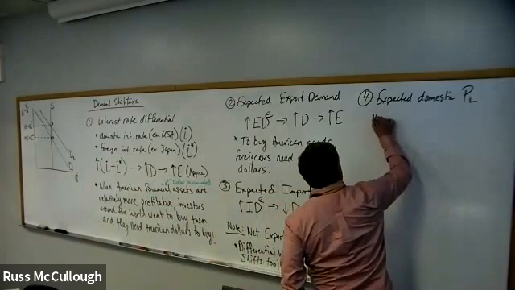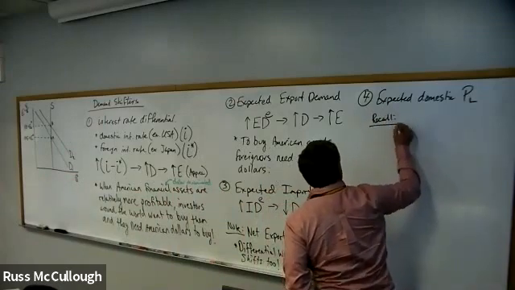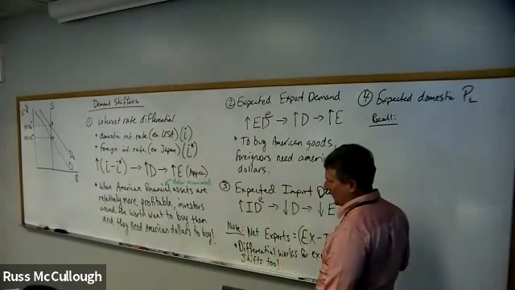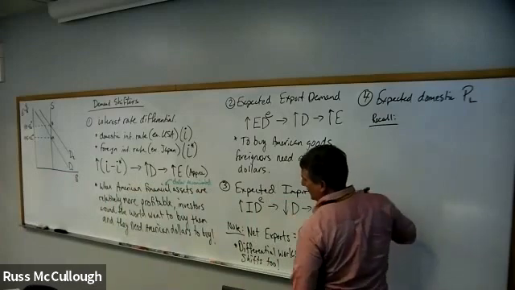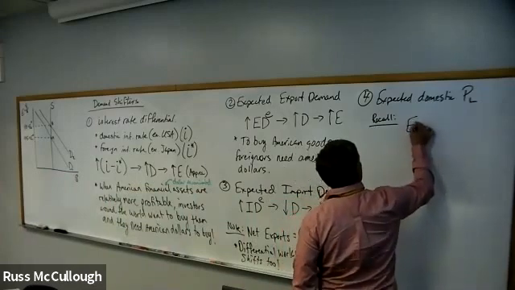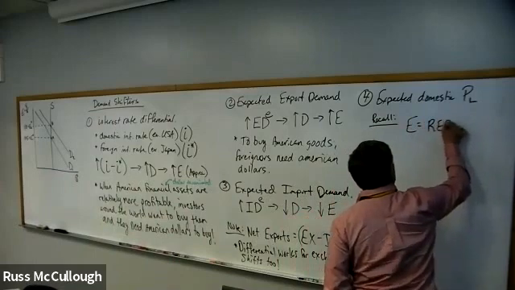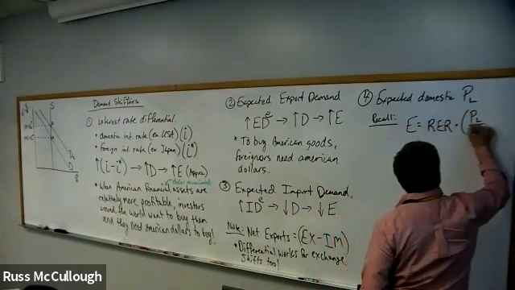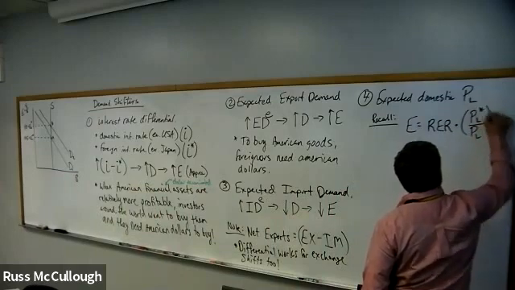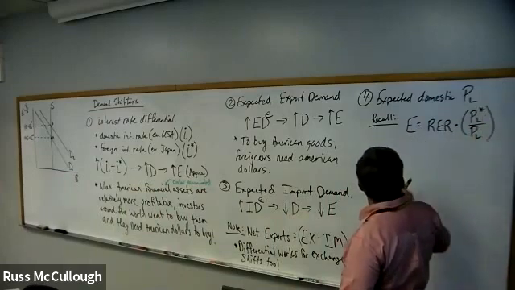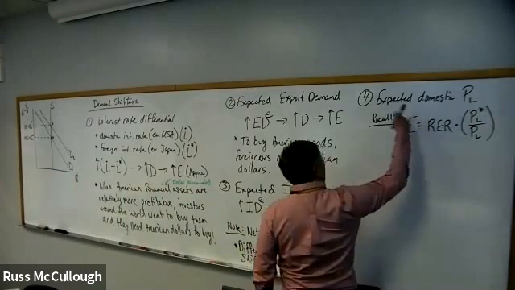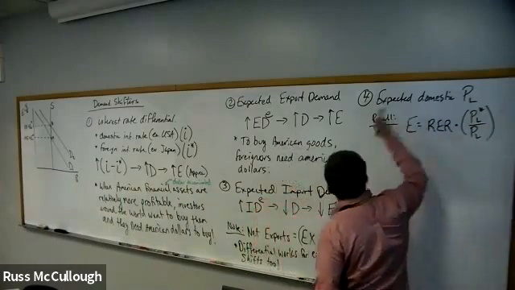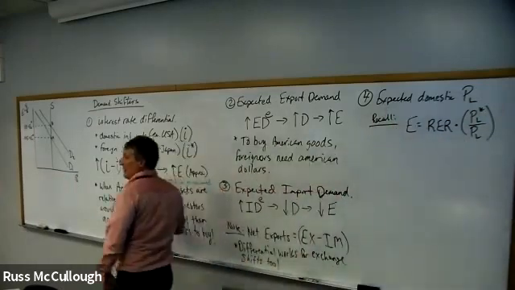So I might just throw in a little recall. We can kind of reason this one out a couple different ways. But our exchange rate is equal to our real exchange rate times the ratio of the price levels. And so if you have that equation down, then this one becomes pretty easy.